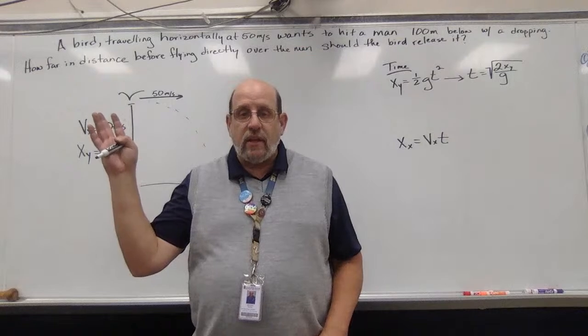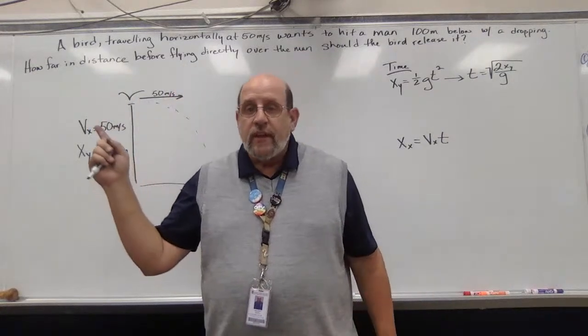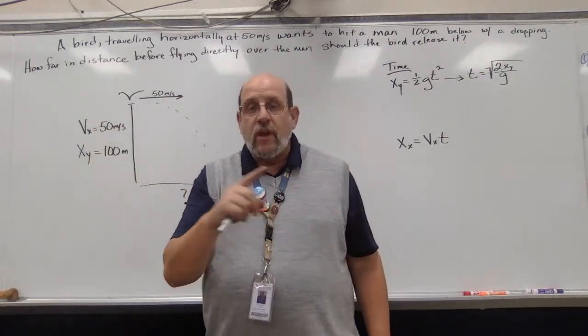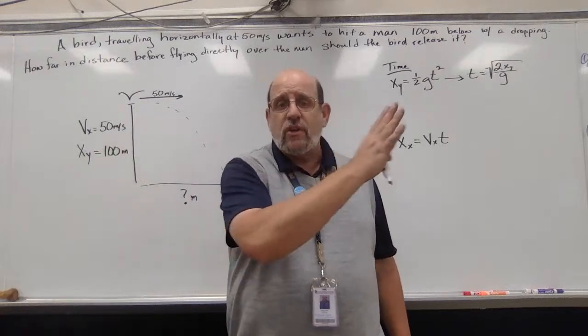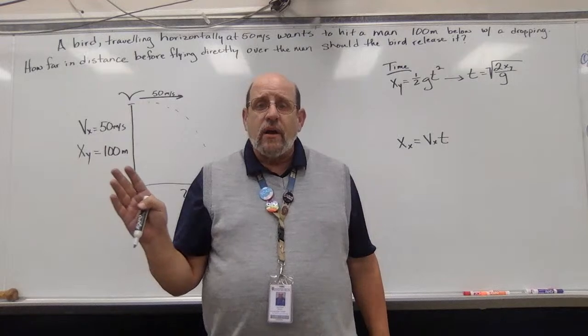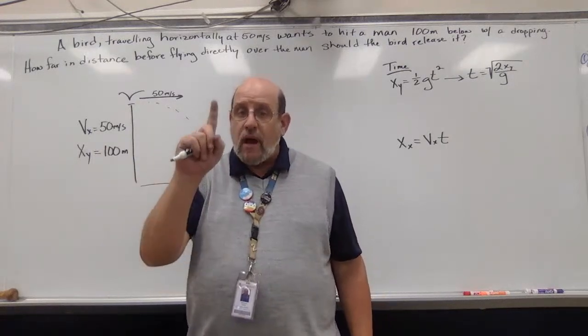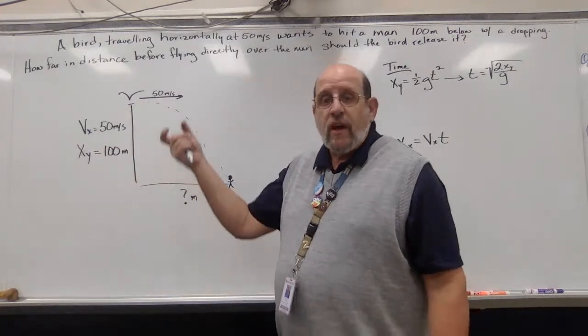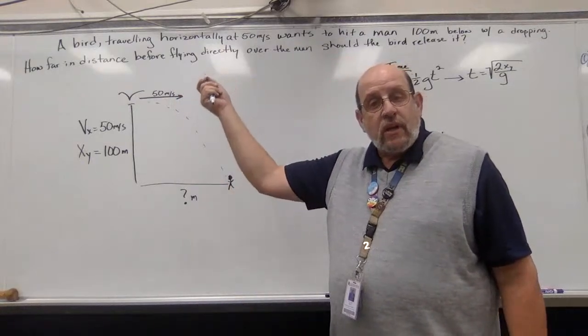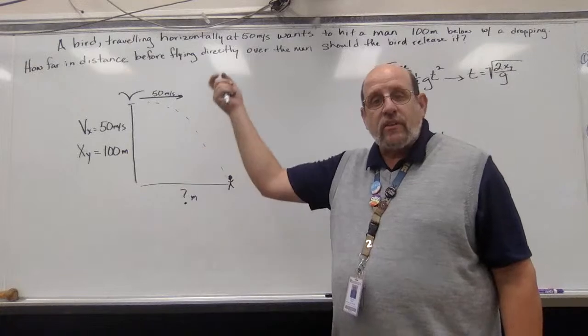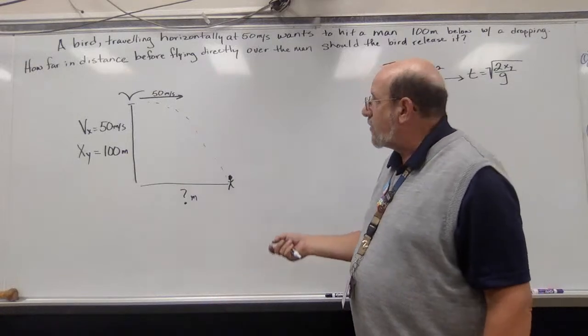Once that bird releases that dropping, the horizontal velocity doesn't change at all, because there's nothing pushing it or pulling it horizontally. But there's gravity, of course, and that's what's pulling the object downward. So it gains velocity as it descends over time.